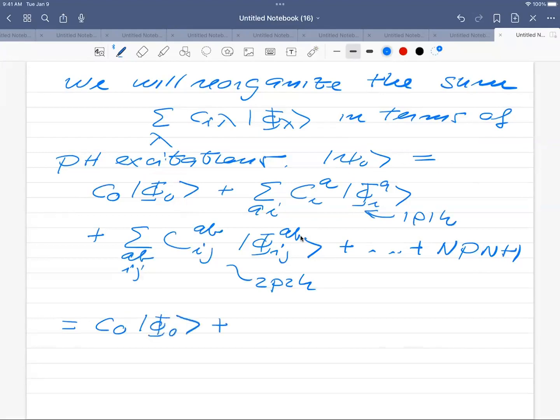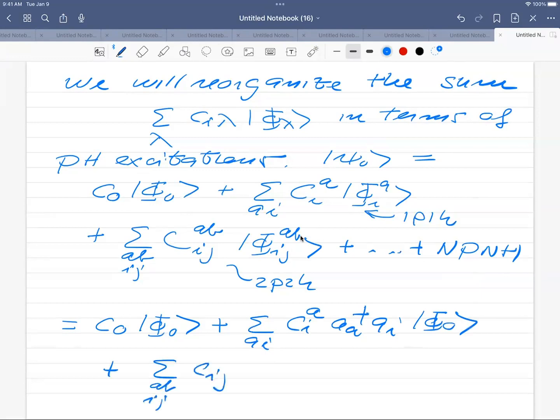So the first term is going to be given by the sum over a, i of C_i^a, and then I have a_a dagger a_i, and that's acting on phi 0. And then I have plus the sum over ab, ij of my C_ij^ab, and then I have my a_a dagger a_b dagger a_j a_i acting on phi 0.